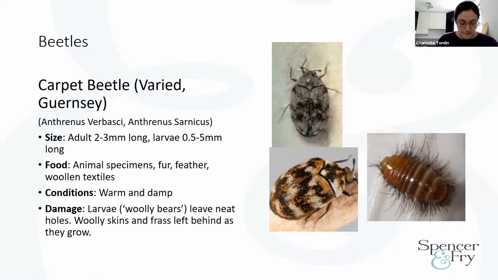Some scales get lost as they age, which shows the black of the beetle underneath. And they have a prominent head, which you can see there, not just the thorax. And they have clubbed antennae, so you can see on the bottom picture a little bit of the clubbed antennae there.